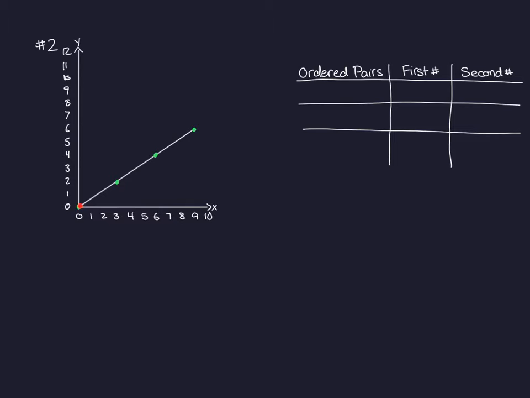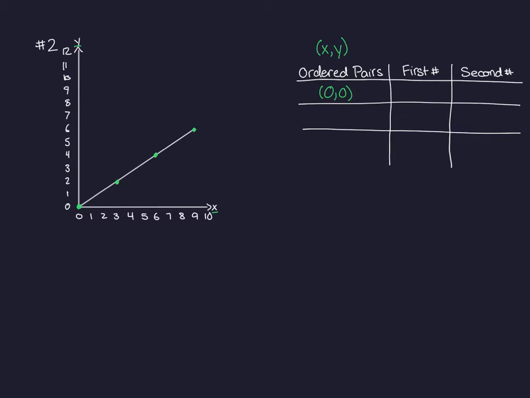And then you write those ordered pairs into your graph. So my first one would be 0 and 0. Remember, when we write ordered pairs, it always goes x, comma, y, in alphabetical order. X is horizontal, y is vertical. So we would go 0, comma, 0.